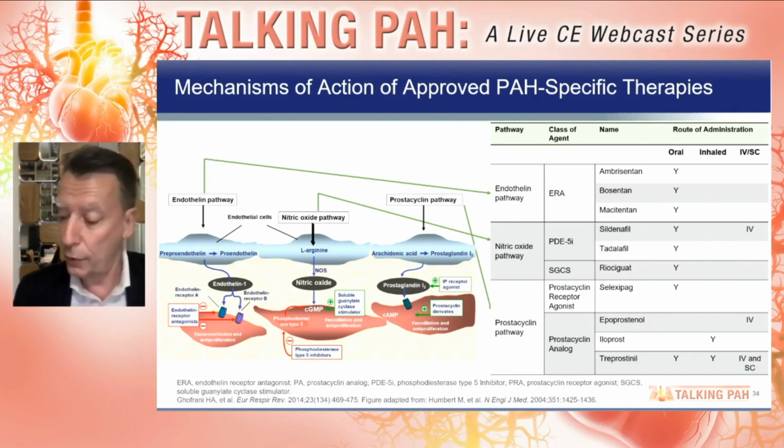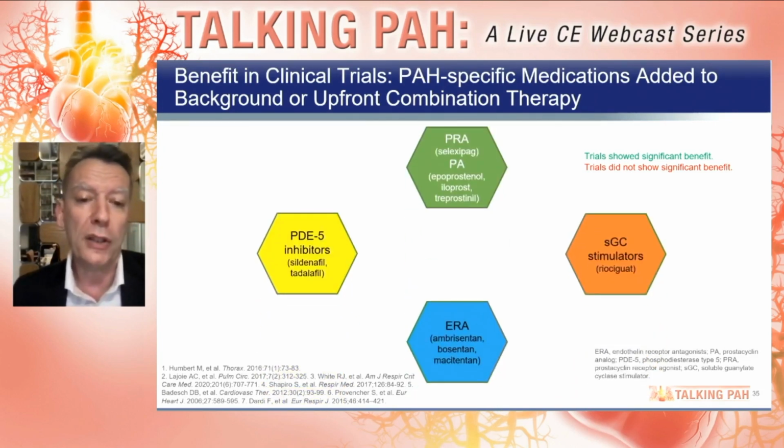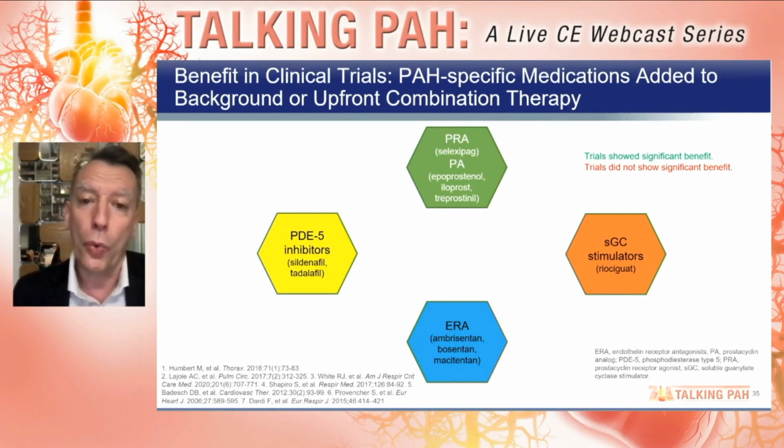So at the end of the day, you have quite a lot of benefits observed in clinical trials with these agents. And what is really interesting in the last 15 years is that after evaluating one drug versus the other or one drug after the other, it appeared quite clear that the way to go was to combine drugs either initially or sequentially.